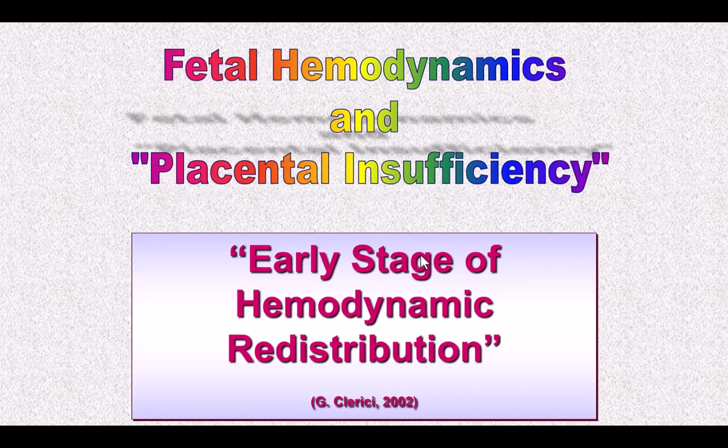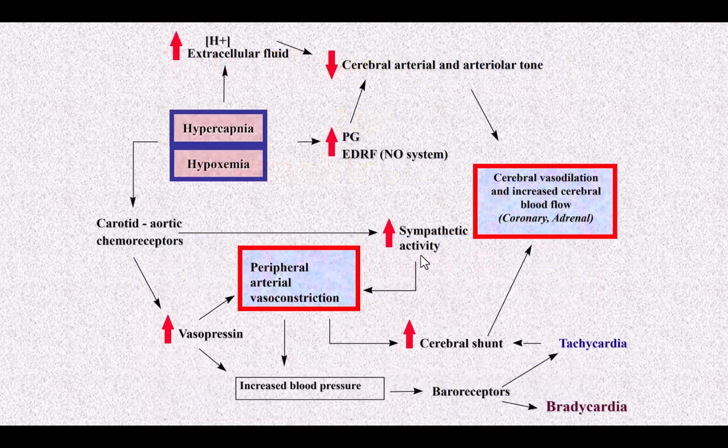The next stage is the early stage of dynamic redistribution, and as you can see here, looking at the pathophysiology, the structural and functional alteration in the placenta produces hypercapnia and hypoxemia in the fetus, that produces a peripheral arterial vasoconstriction and a cerebral vasodilation with increased cerebral blood flow in this organ, because this organ is very important for intrauterine fetal life.